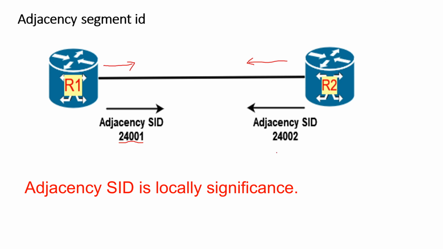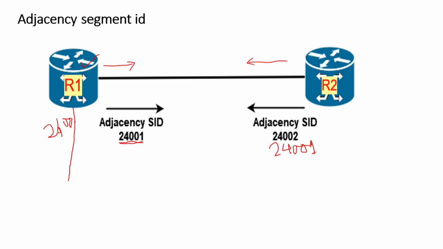Meaning a scenario could exist where this router assigns the same adjacency-sid towards another neighbor, because it is local. So let's say for this particular interface R1 has assigned this adjacency-sid, and for one more interface it will assign, let's say, 24002, the next value or any value within that range.